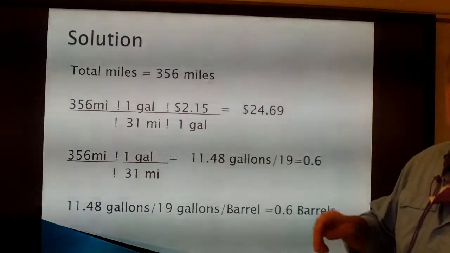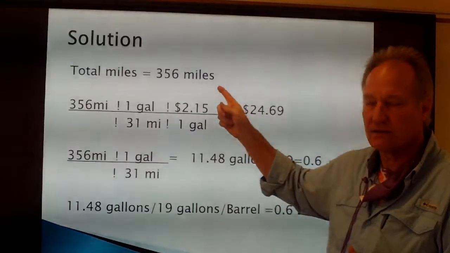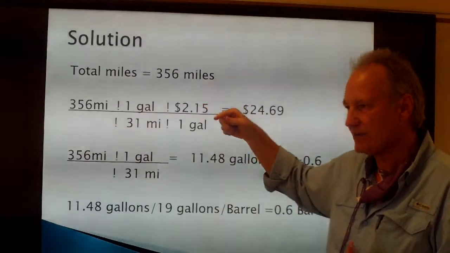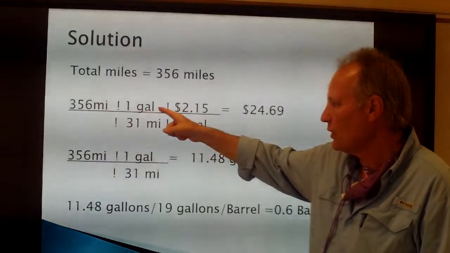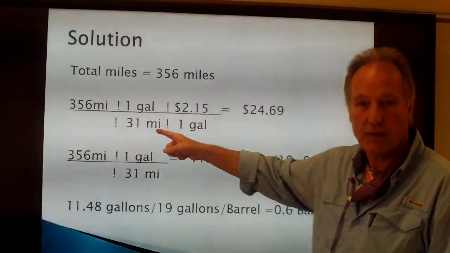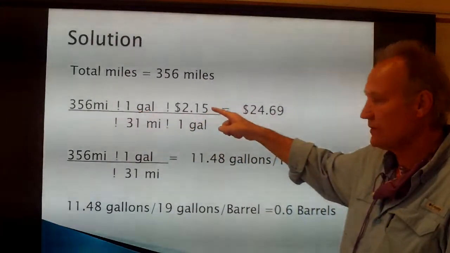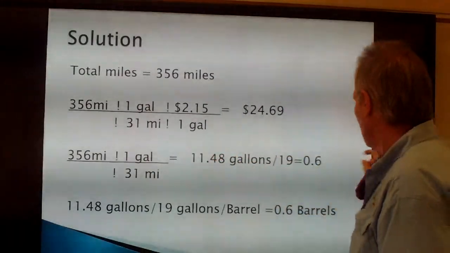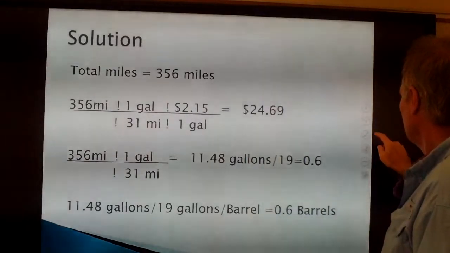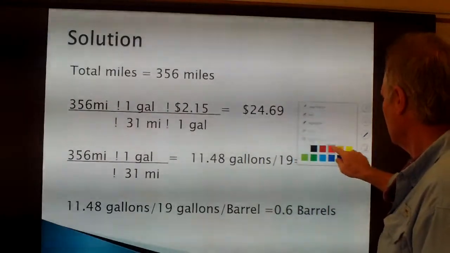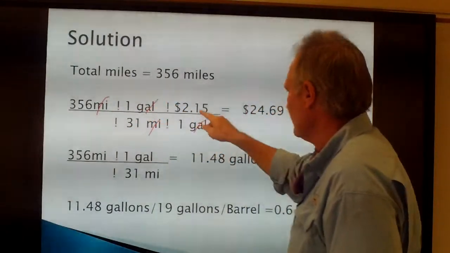Okay, so the solution starts with, well, you drove a total of 356 miles there and back. All right, so if you drove 356 miles and 1 gallon equals 31 miles, so that way you can get rid of miles, and it costs you $2.15 per gallon, so now miles will cancel out, gallons will cancel out, and you're left with costs.